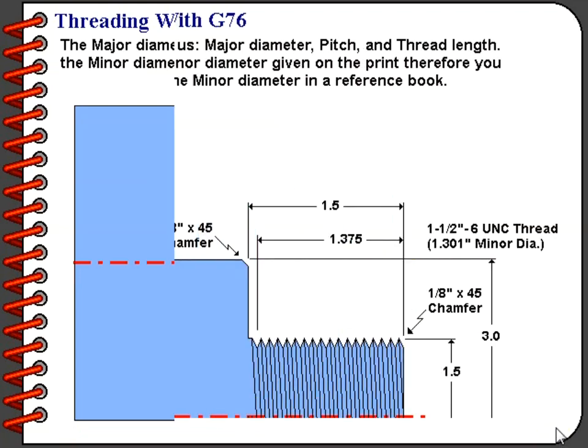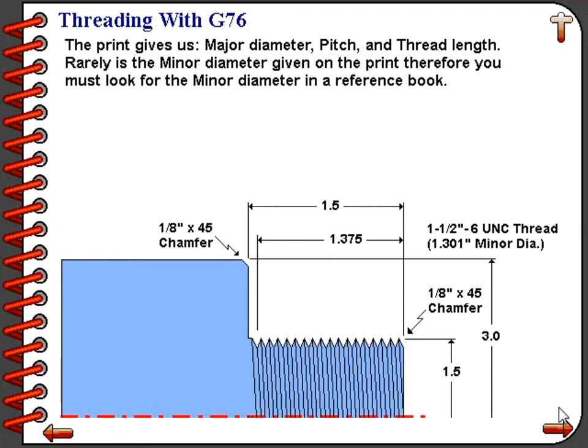The blueprint itself will give us much of the information we need to program that G76 cycle. The print will give us the major diameter, it will give us the pitch, and it will give us the thread length. In our example part here, our major diameter will be 1.5 inches, which is noted by the 1.5 inch -6 UNC thread. That 1.5 inch is telling us the major diameter.